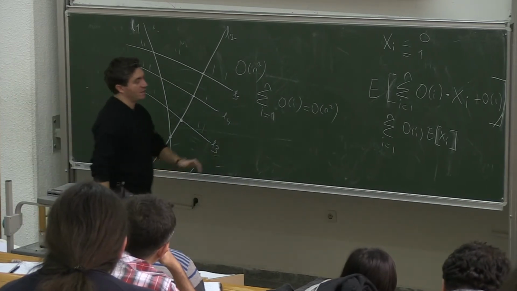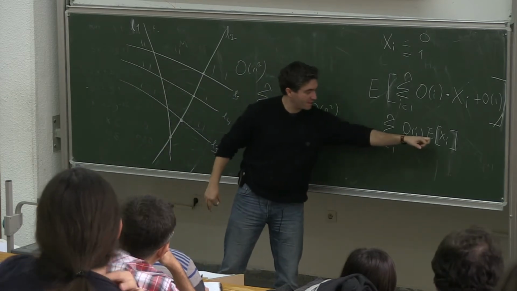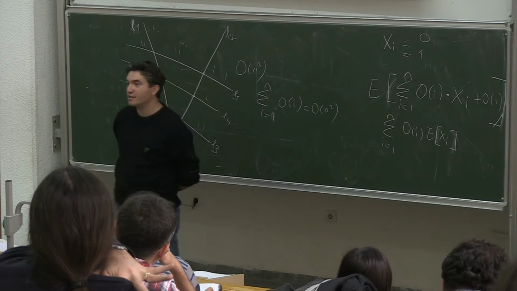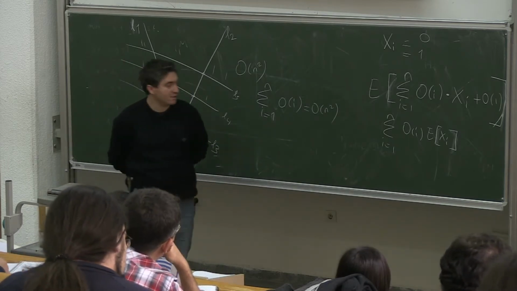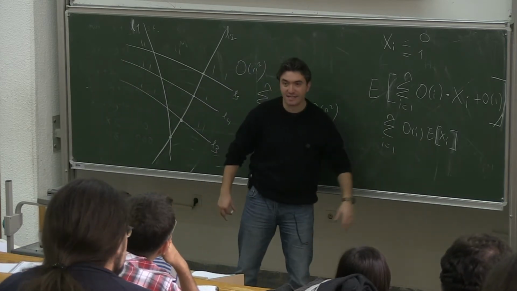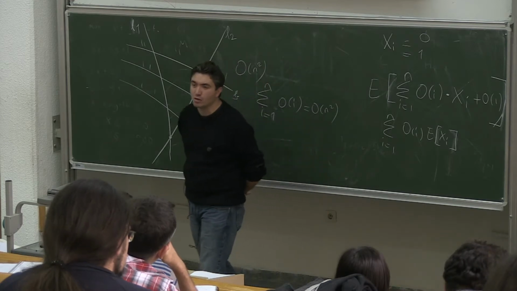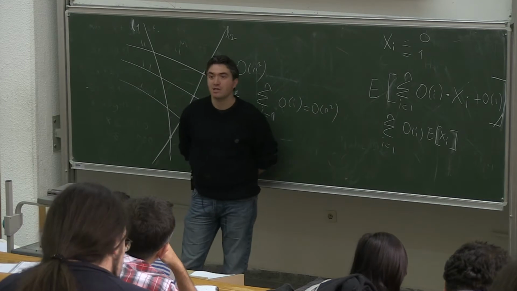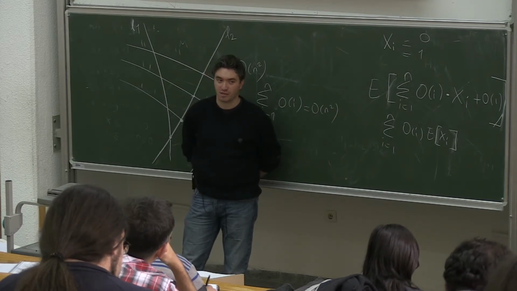So what is the expected value of xi? Is xi 0 or 1? The expected value of xi is exactly equal to the probability of vi not belonging to hi plus 1.